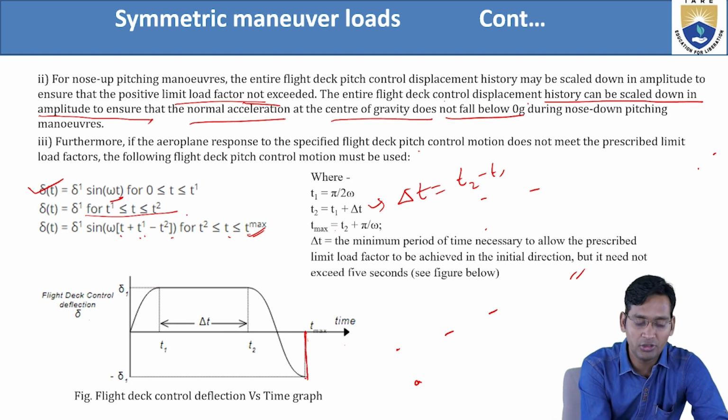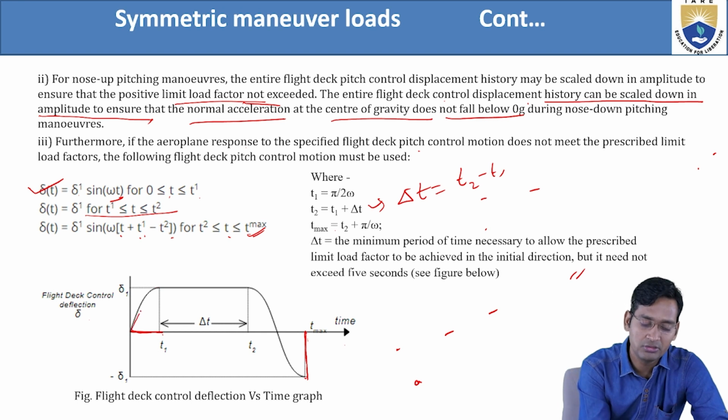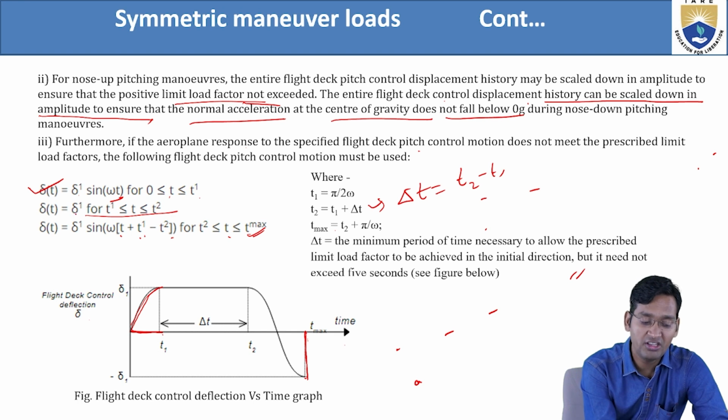So the first condition is 0 to t1. Up to this, this is a curve, so that's why it's varying as delta 1 into sine omega t. Whenever sine is there, that curve path will be there. Next, what is delta t?